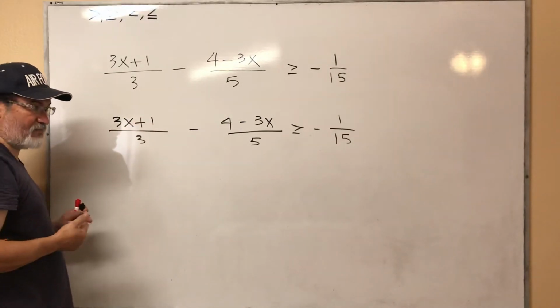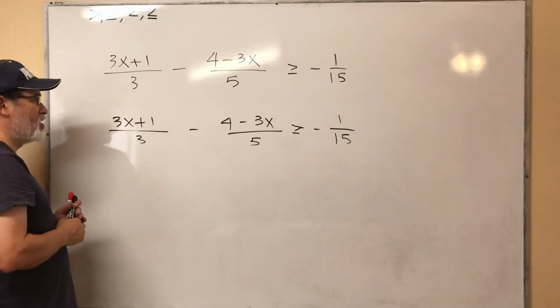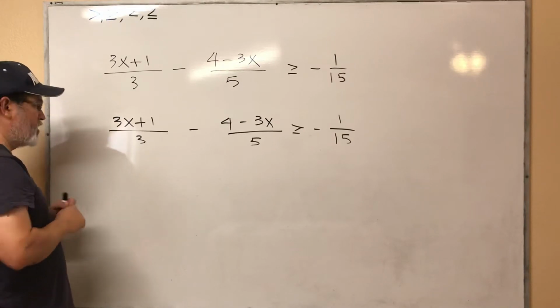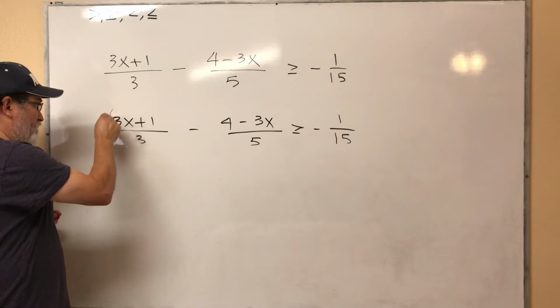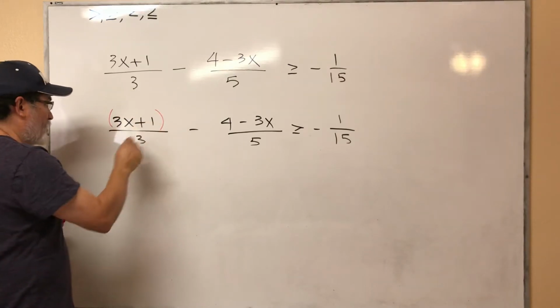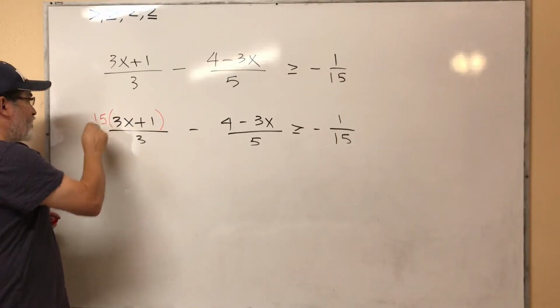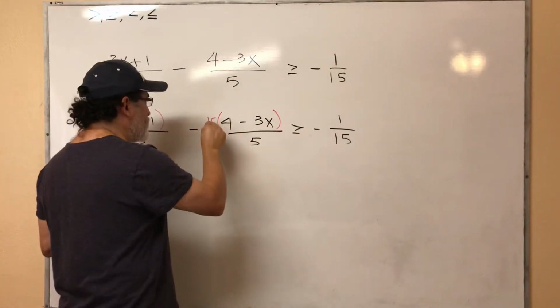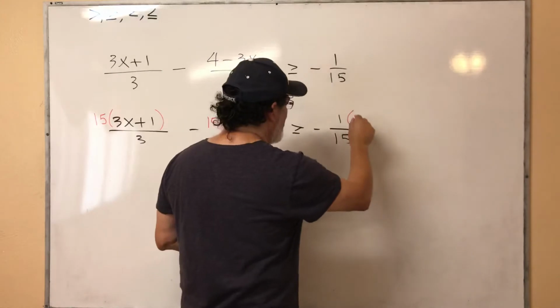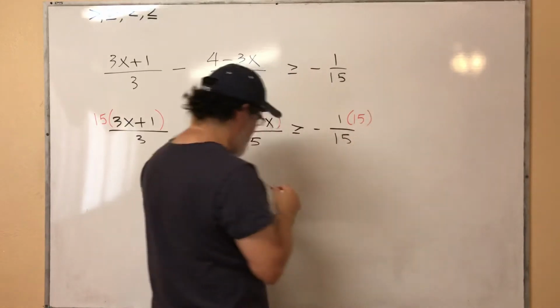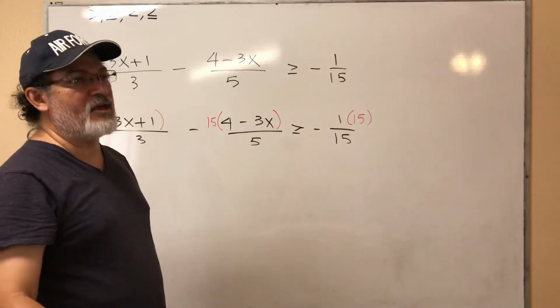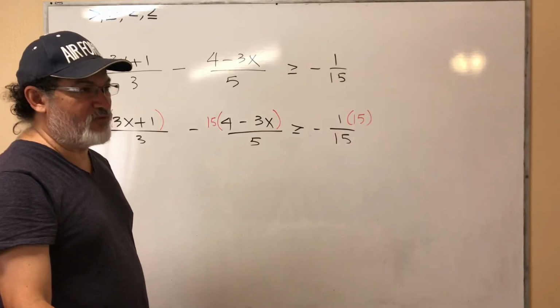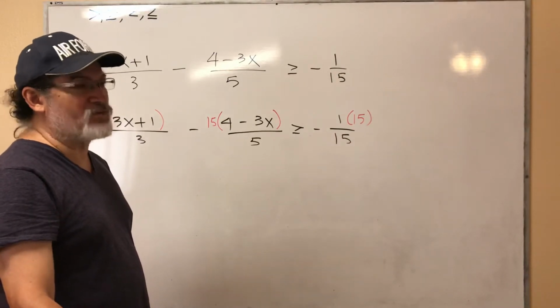When I say everything, I mean numerators, okay? Watch what's gonna happen. I better use parentheses because this is a binomial. Multiply this by 15. Multiply this by 15. And multiply this by 15. I am multiplying every numerator by 15. Basically, I'm multiplying both sides by 15.